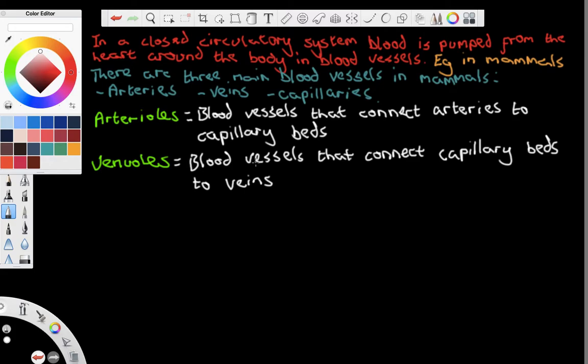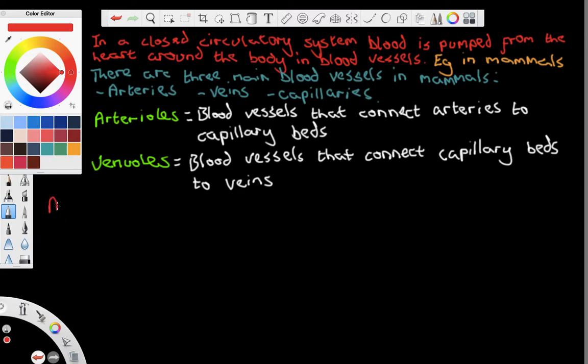Now, both arterioles and venules can be constricted or dilated, okay? So your body has the ability to constrict arterioles if they don't want blood to flow through them, or dilate them if they do. The same for venules, okay?